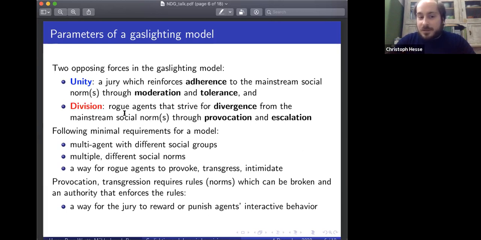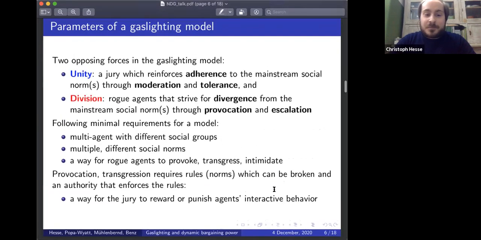Those interactions can involve some form of provocation, and then the jury is going to form an opinion about how they think about this provocation, and whether they want to punish the use of provocation or not, or maybe even reward it.